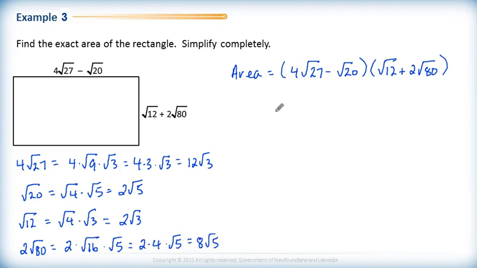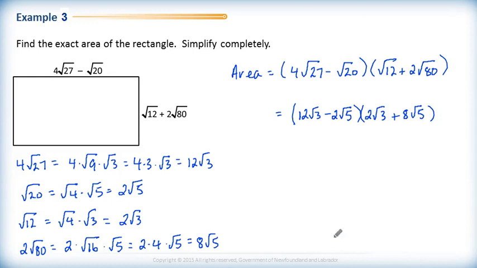So this problem up here becomes 4 root 27 is now 12 root 3, and minus root 20, that's minus 2 root 5. Root 12, that's 2 root 3, and 2 root 80 is 8 root 5.